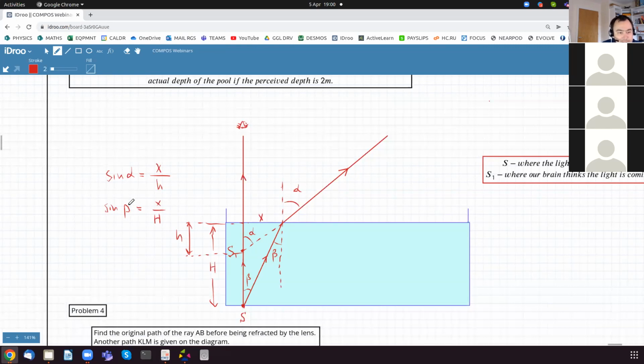Yes, and actually it is tan. We'll need to use small angle approximations here.